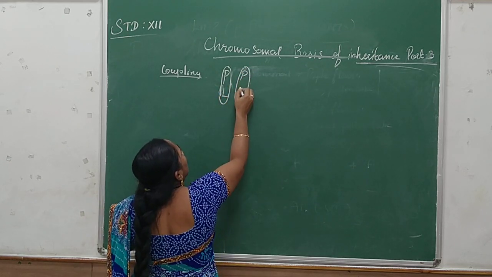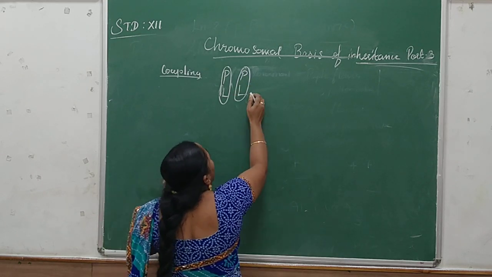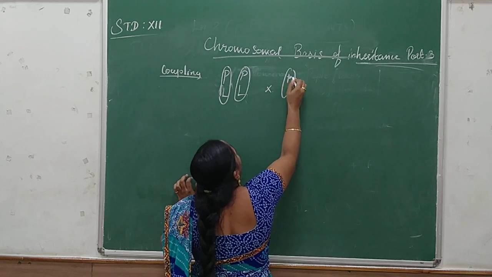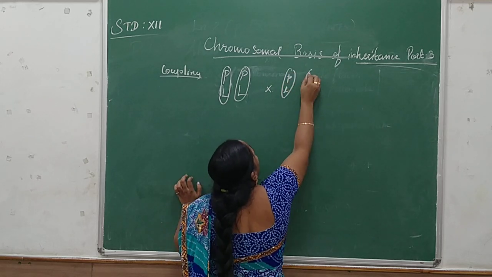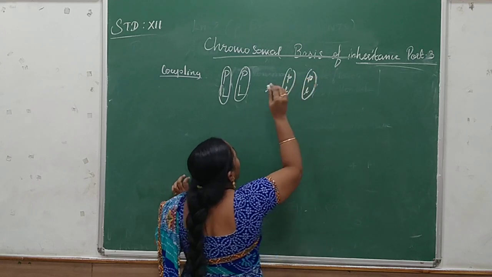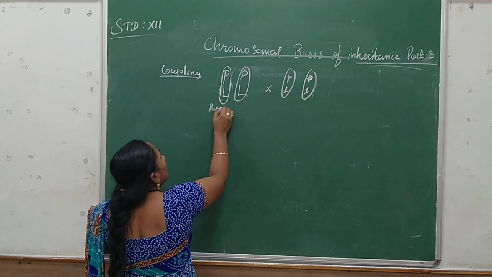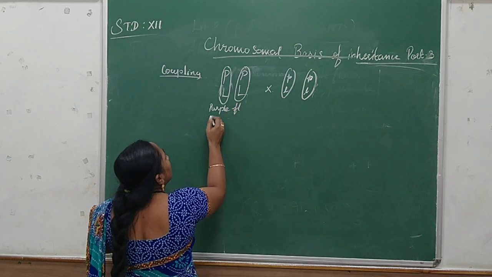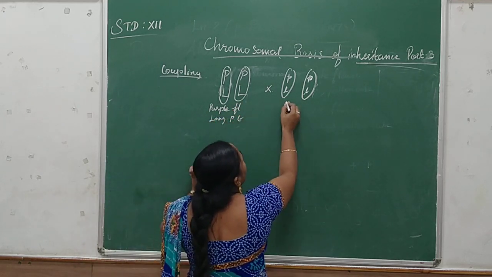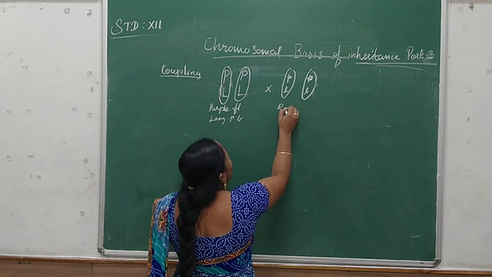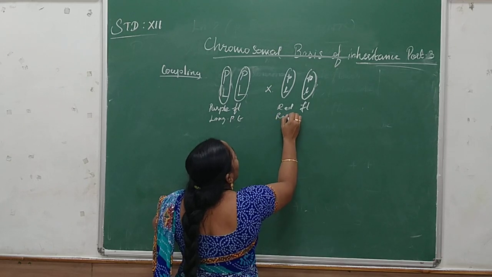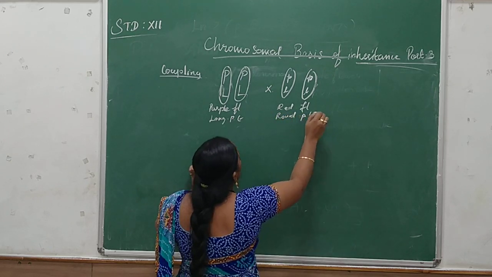So it will be homozygous, that is parallel, crossed with recessive character. This is purple flower with long pollen tube. Here this is red flower with round pollen tube.